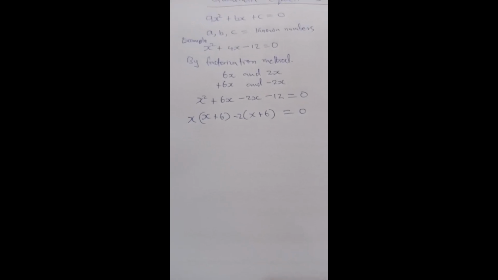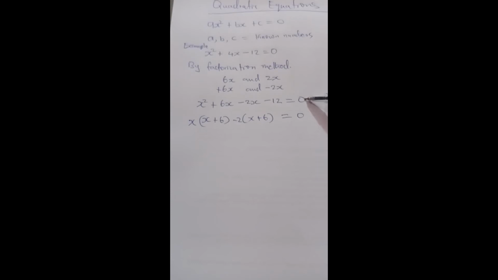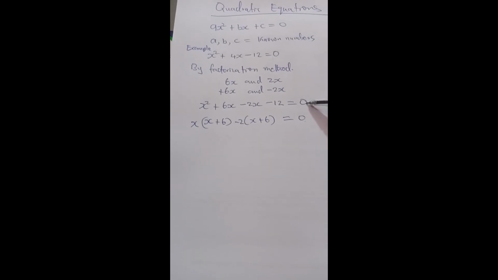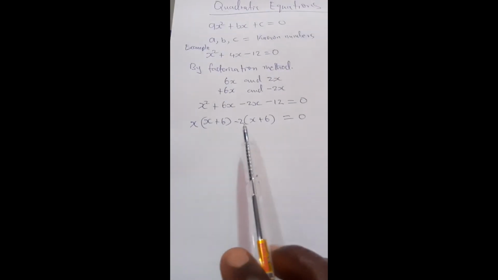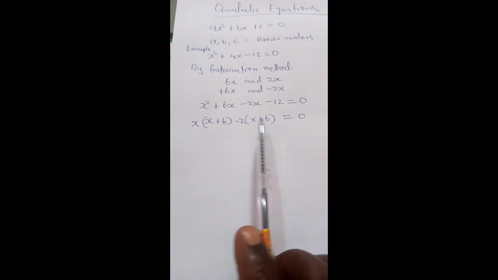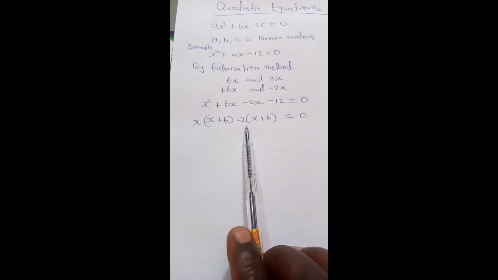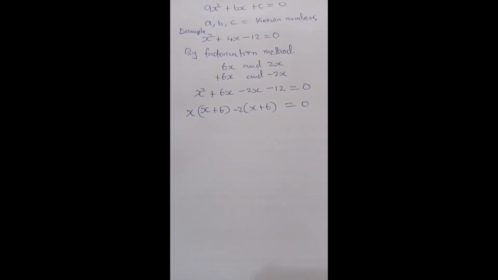This can help you to reform this line of the equation. If you expand this line, you are going to get back this line. So next, you will pick one out of these 2 brackets to represent it, and then these other 2 elements, that's x and minus 2, will now be used to form the second bracket in your bid to know what the value of x is in this equation.